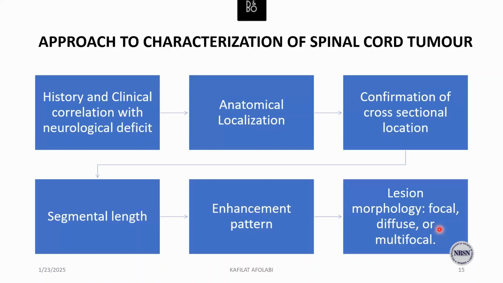Of course, the enhancement pattern is very important because some of these lesions have a characteristic enhancement that has been reported for them, which helps to narrow down the differential and point to a particular diagnosis. The multiplicity of the lesion also matters, which further helps to characterize it.